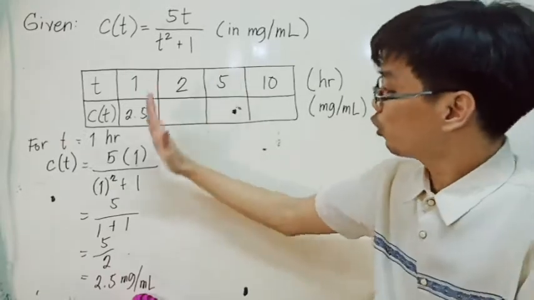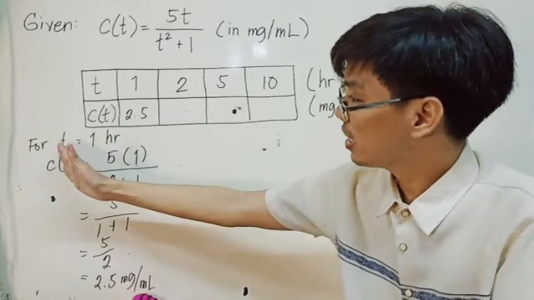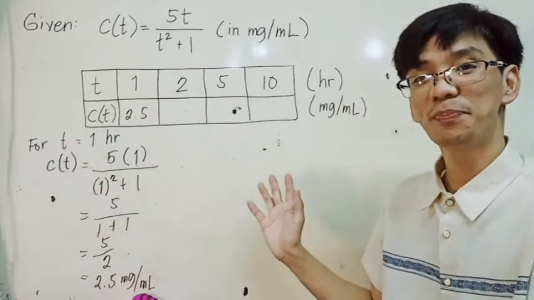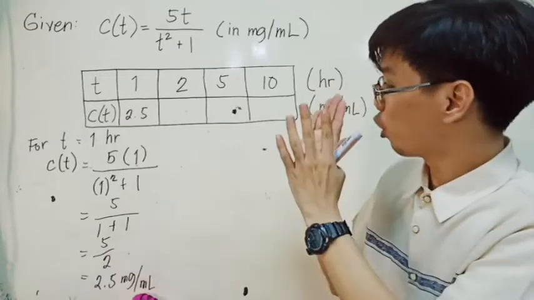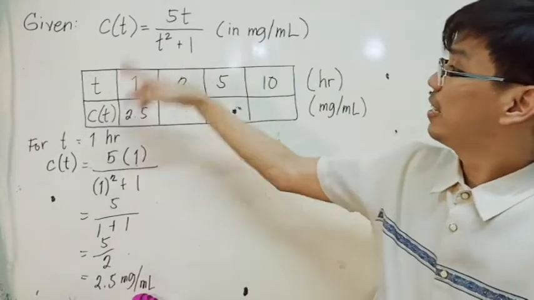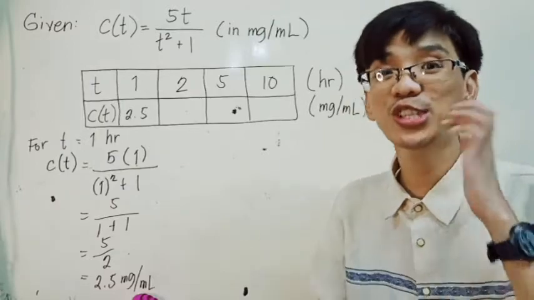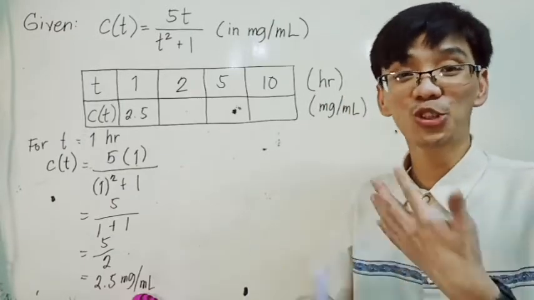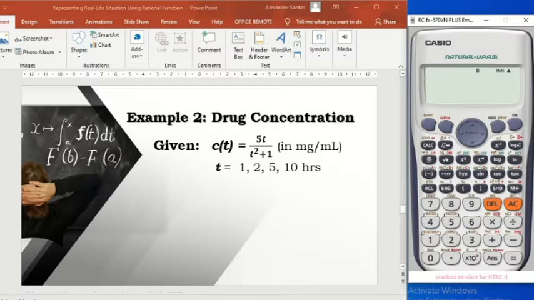Next step is to follow the same procedure that we used for t equals 1 hour. Okay, so for us to easily compute for the value of C of t for 2 hours, 5 hours, and 10 hours, let us use a calculator for us to easily evaluate the given function. To use a calculator, all we have to do is to type the function in the calculator.